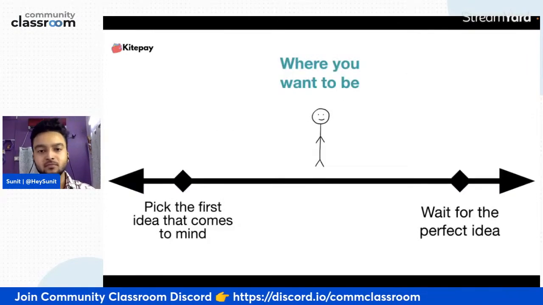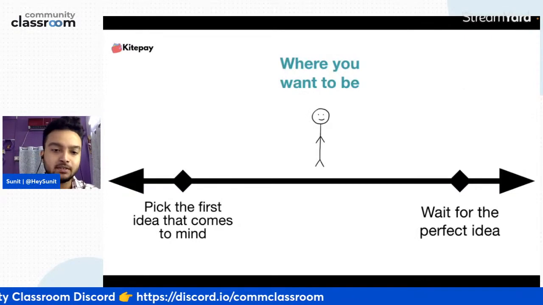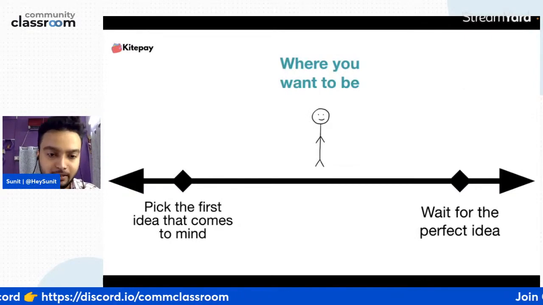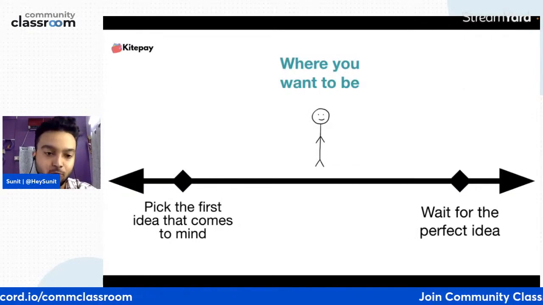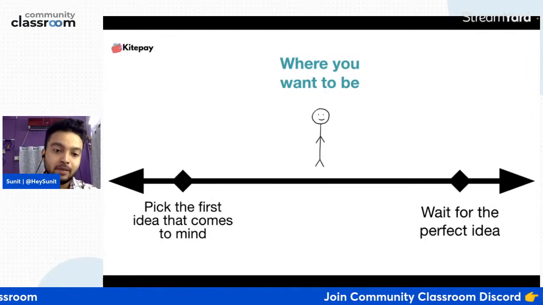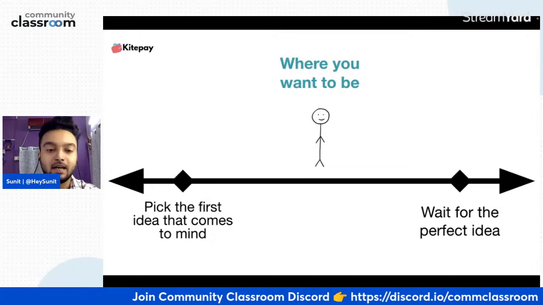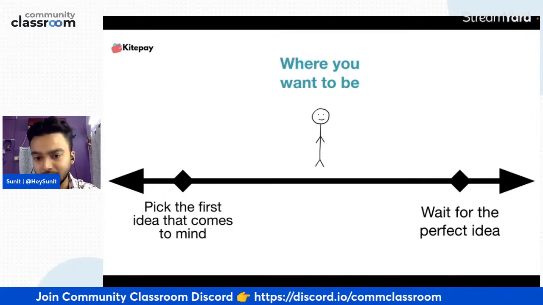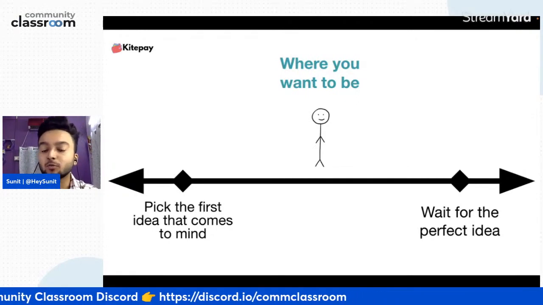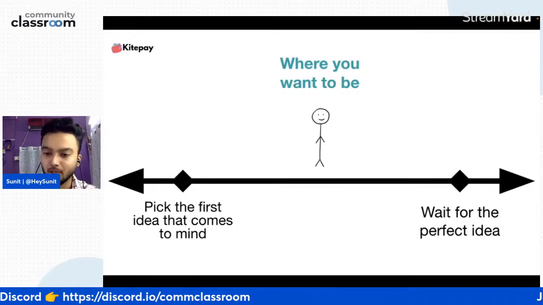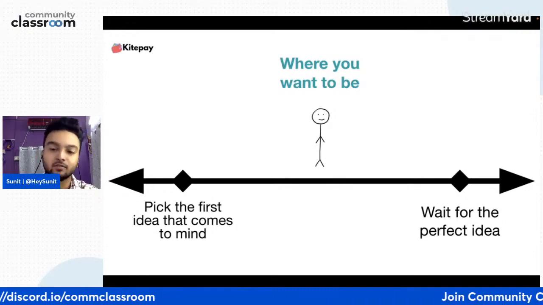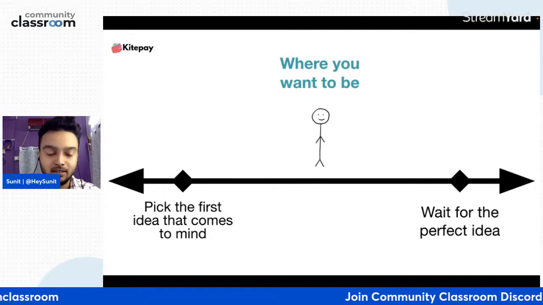So where you want to be: here on one side is a person who wants to pick the first idea that comes to his mind, and here on the other side is a person who wants to wait for the perfect idea forever. So you want to be in the middle.